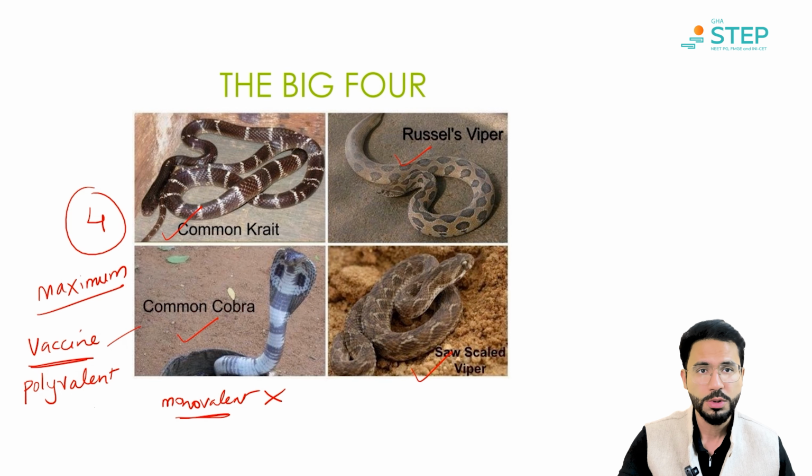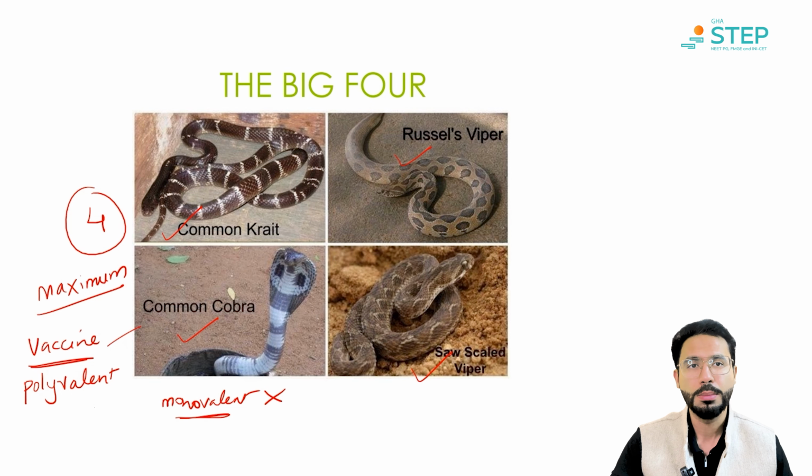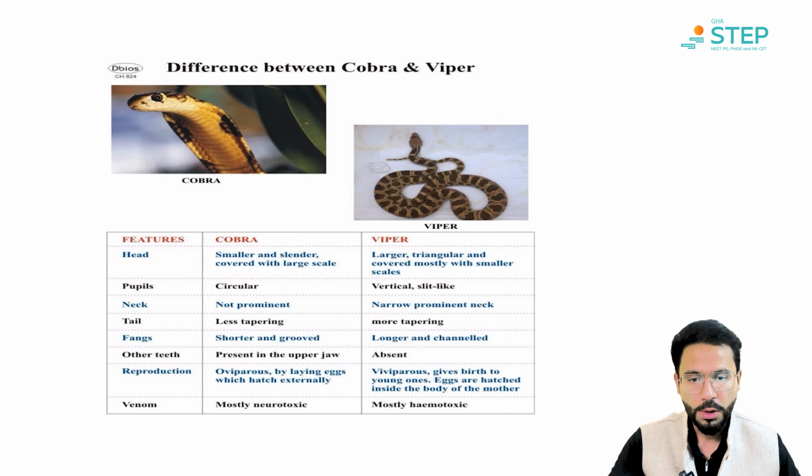If a person comes to the casualty with a history of snake bite, with an unknown snake, you just give the polyvalent snake vaccine, and then looking at the symptoms, the case is managed likewise. Now, the key differences between cobra and viper should be known because the most important questions are based on cobra and viper.